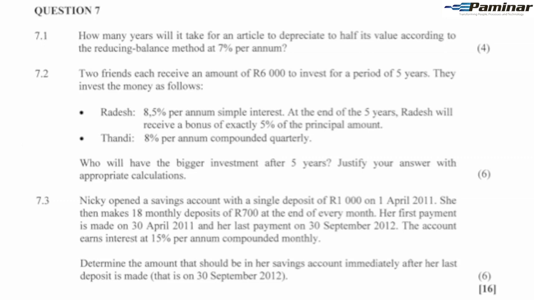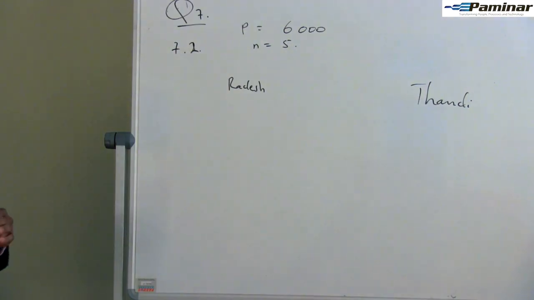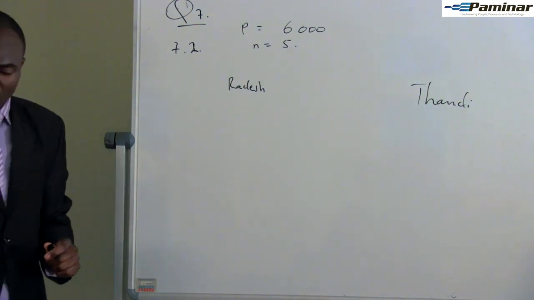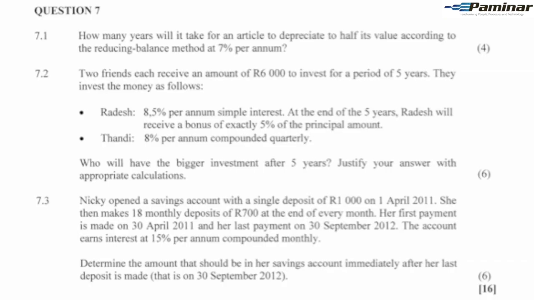We are given 2 people, Rajesh and Tandi. Now, this is how they invested after they've been given money for 5 years. Rajesh invested at 8.5% per annum, simple interest.